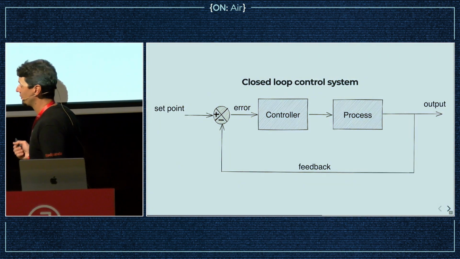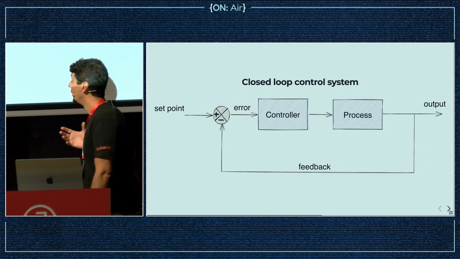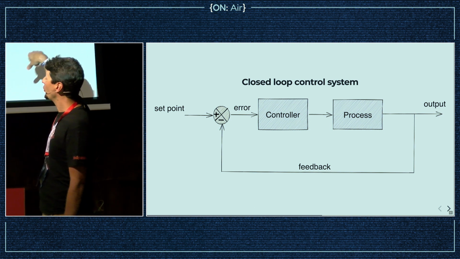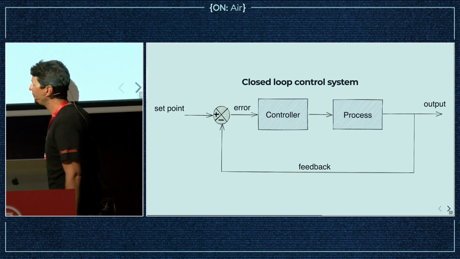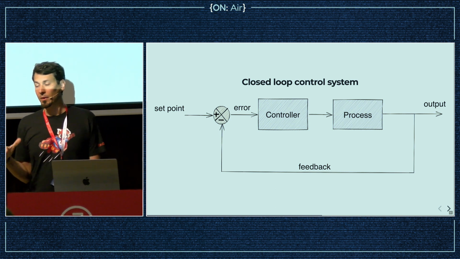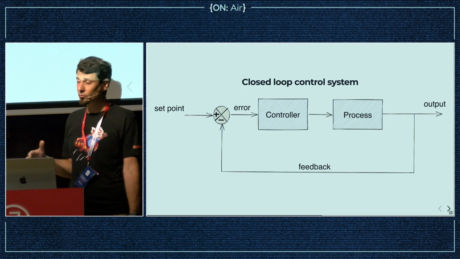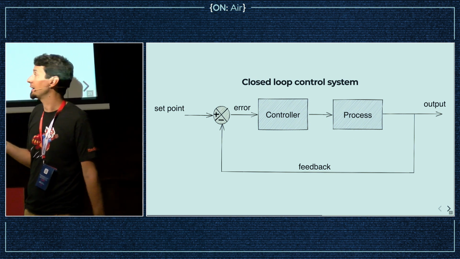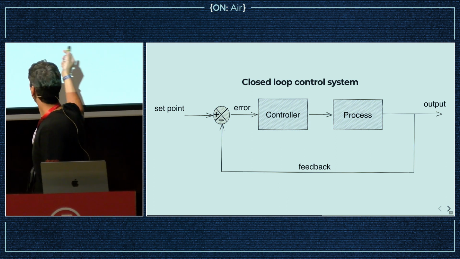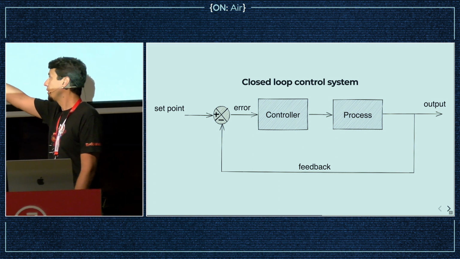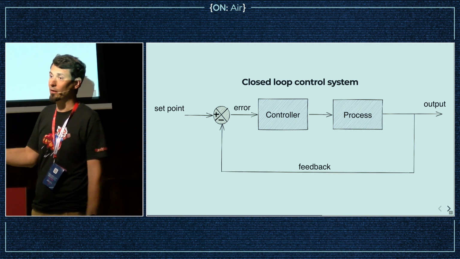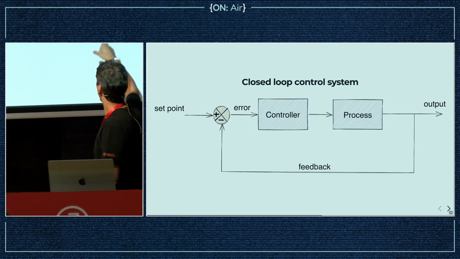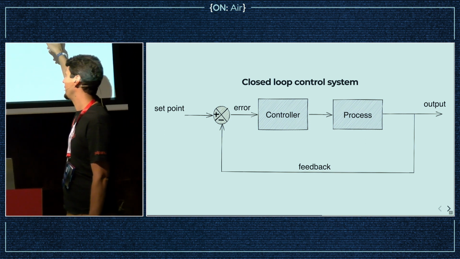A PID controller is a device designed to control processes in a closed loop environment, so-called control with feedback. I will use an espresso machine as an example, as I am a coffee lover, so that we can have an intuition of how the PID controller works and what it actually is. The closed loop control system works in a way where you have a set point, like imagine I want to brew my coffee at 95 centigrade, and we have a way of measuring an output of the process.